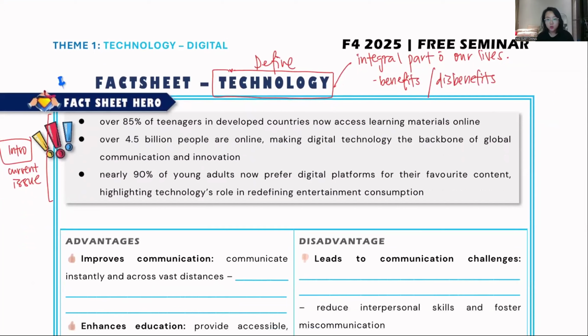OK，so 它有的 issue 或者是现在我们所理解的状况是啥呢？Number one。85% of teenagers in developed countries now access learning materials online.